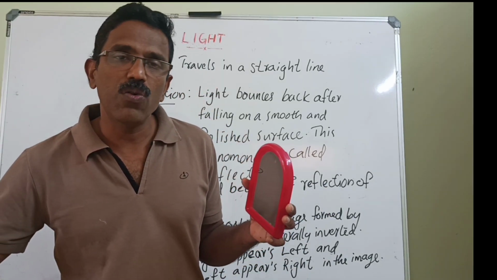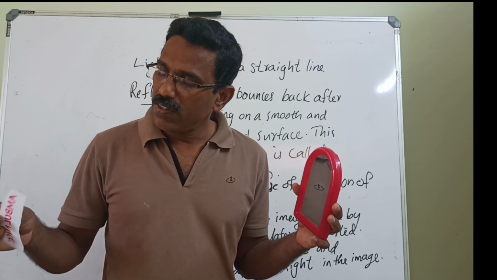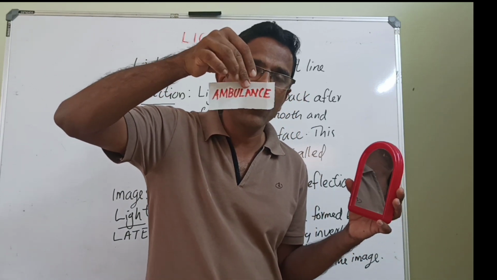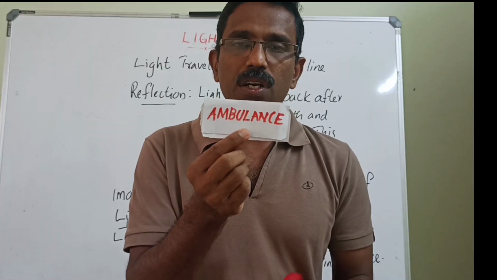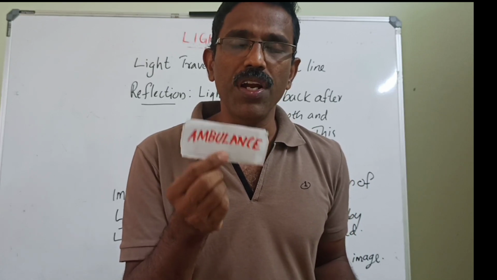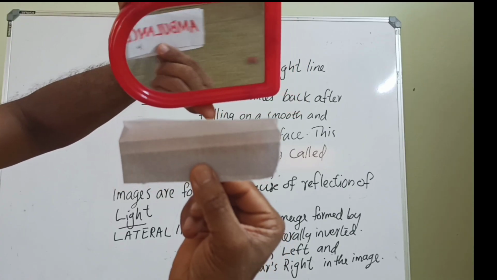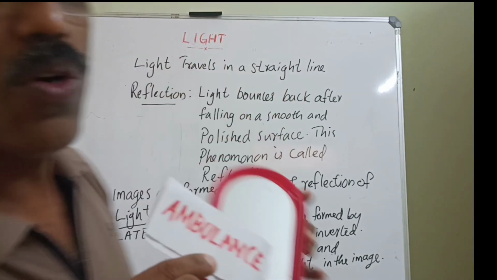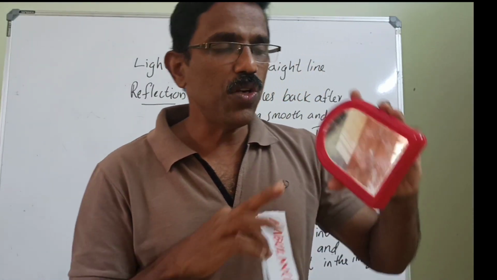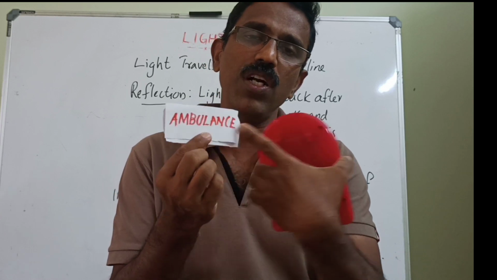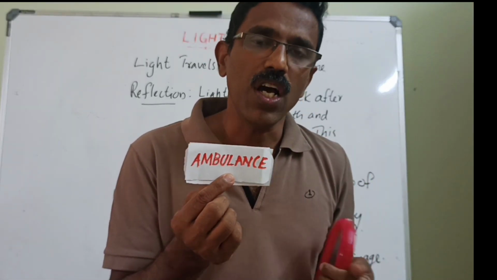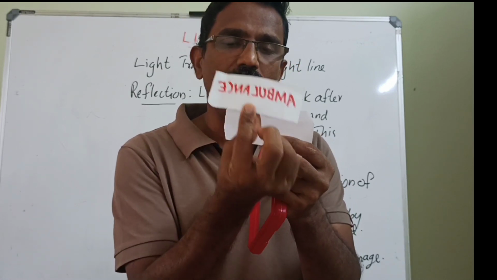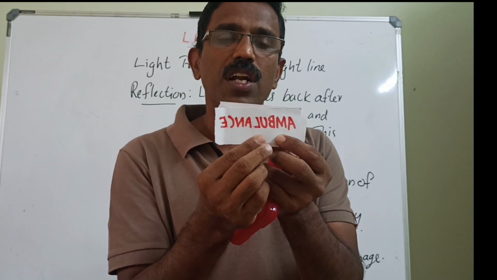Let us find out this phenomenon by using a simple technique. You can read the word ambulance here. But how does it appear when you are reading it through a mirror? Can you read the word now? No, we cannot read it, because what you are seeing here is the mirror image of the word ambulance. I have written the mirror image of the word on the other side. You cannot read it easily.